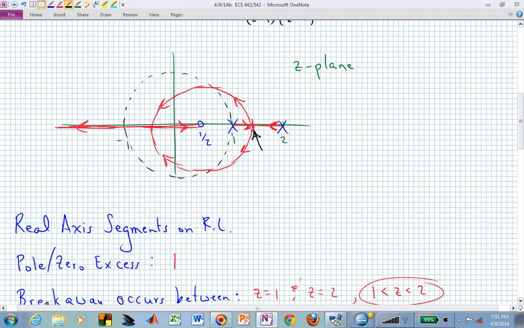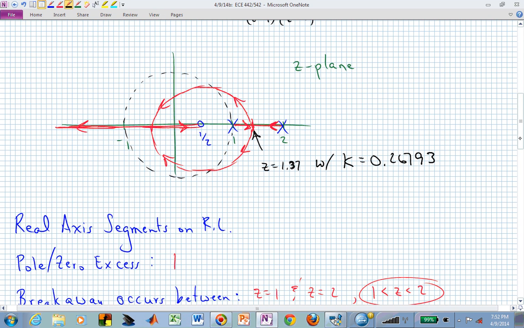This point is going to occur at z equal to 1.37, and we know the gain to get us to that point. We will be at z equal to 1.37 with k equal to 0.26793, if we remember that fifth significant digit from our calculator computation.